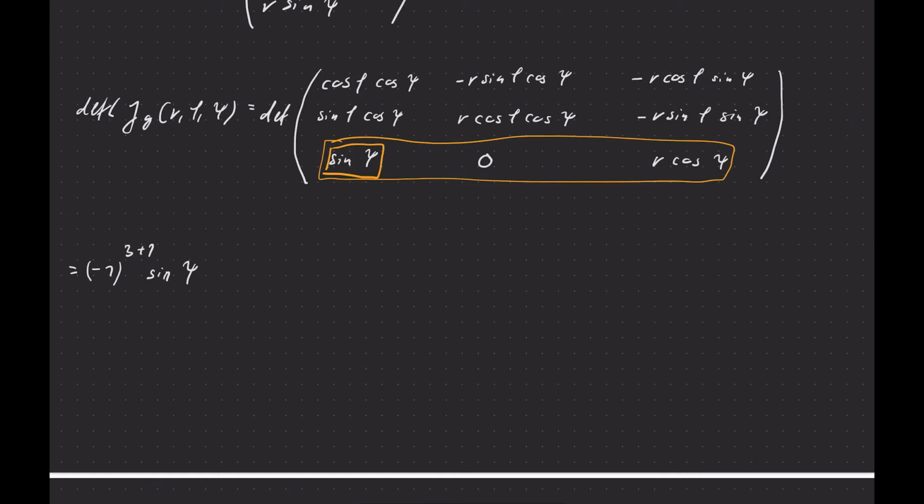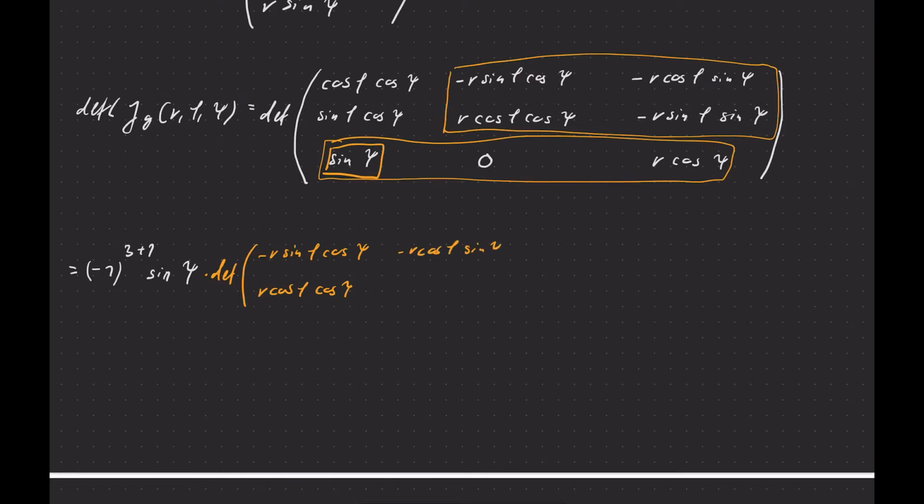And then we have the determinant that remains if we remove the last row and the first column. So this part here is what remains: times this determinant of minus r sine phi cos psi, r cos phi cos psi, minus r cos phi sine psi, and minus r sine phi sine psi.